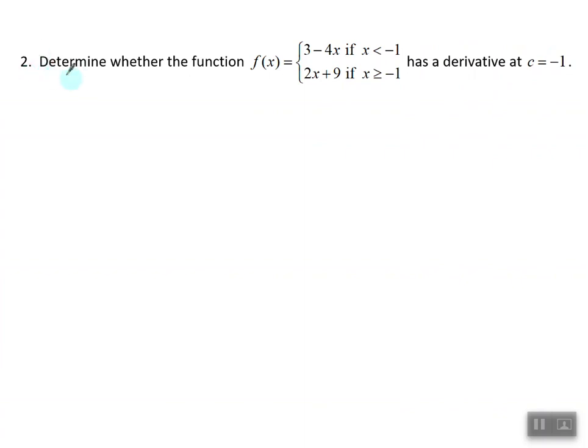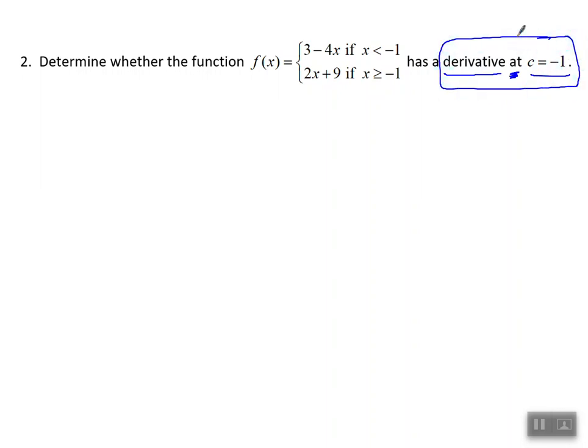Number 2, determine whether the function f of x equals 3 minus 4x if x is less than negative 1, and 2x plus 9 if x is greater than or equal to negative 1, has a derivative at c equals negative 1. Now notice this is different than the one where we wanted the derivative function. This will be the derivative at a point.